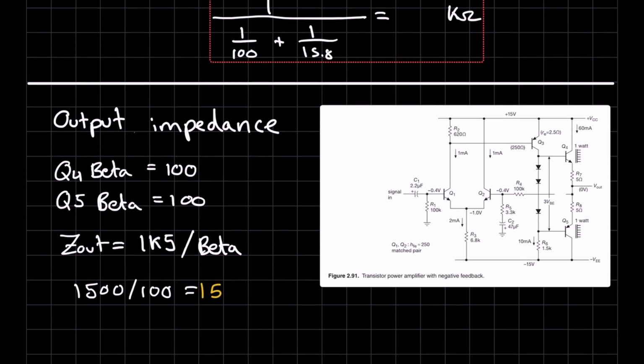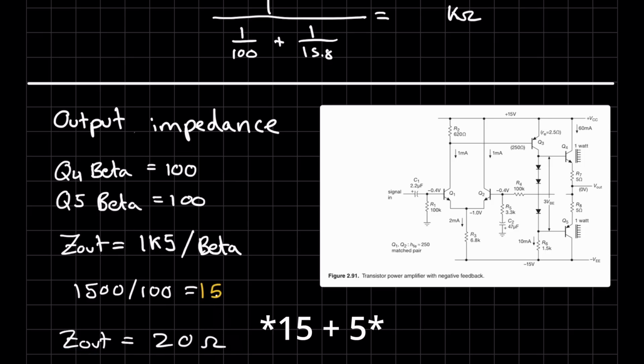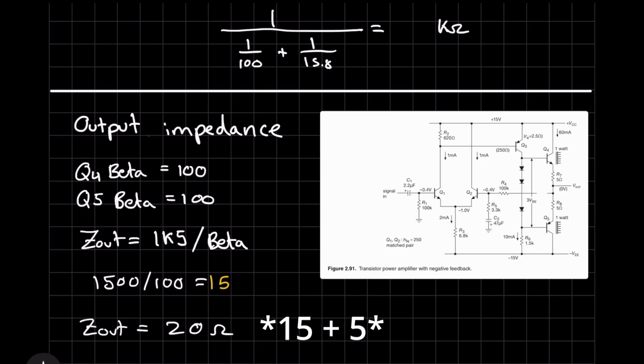Now, one of the things we kind of neglected is the R7 and R8 value. So if we bring those back in, then our output impedance is basically 20 ohms. So that's going to be 15 plus 20. Another thing that we've ignored is the intrinsic emitter resistance of Q5 and Q4. But if you look at that value, let's say RE is equal to VT divided by IE.